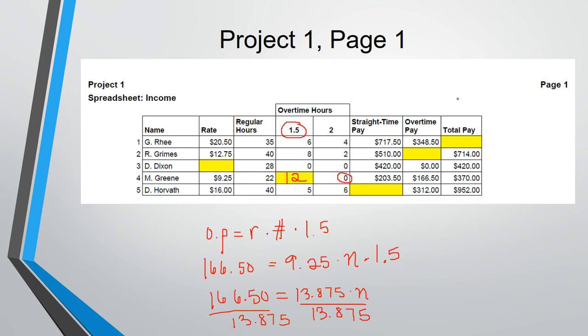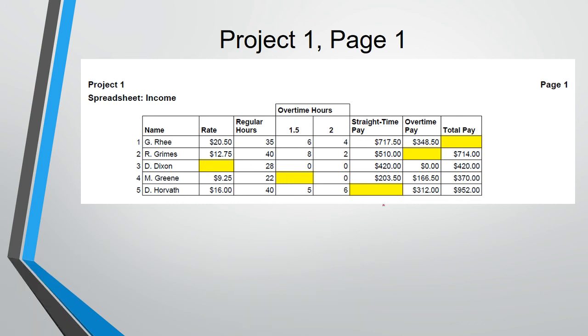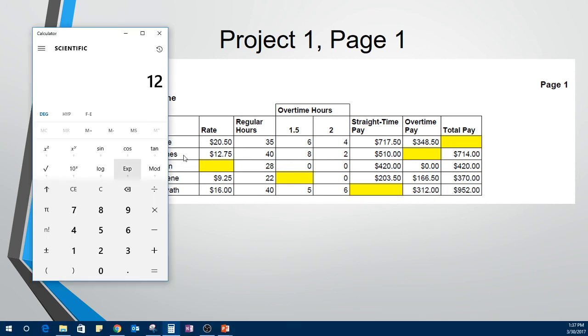Alright, last one, straight time pay. Again, there's an easy way and a not harder, just longer, way of doing this. The faster way was doing what we did with the overtime pay: taking the total pay and subtracting the overtime pay from that, giving us $640.